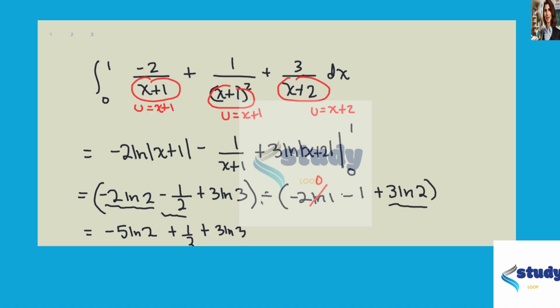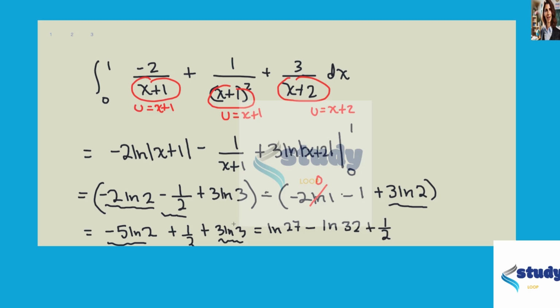And now we could just go ahead and simplify this. I mean, this is a numerical answer, so we could stop here, but if you have to simplify, we can write this as ln of 3 to the 3rd power. Then I have, let me write this over here, minus ln of 2 to the 5th power, so that's 32, plus 1/2.